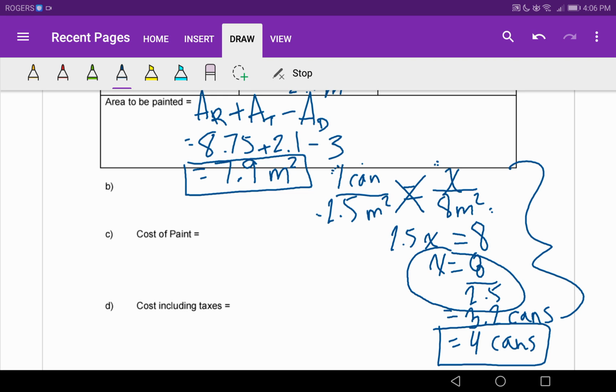Notice that I put the same units on the bottom, meters squared, and the same units on the top, cans. All right, so I have 1 can and then X amount of cans, and then I have meters squared in the denominator.